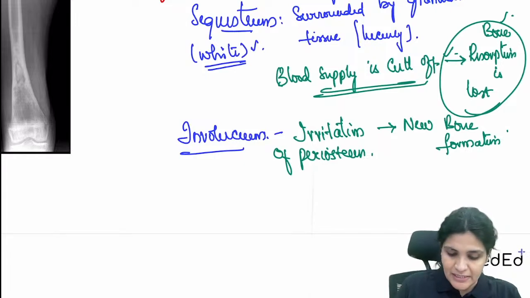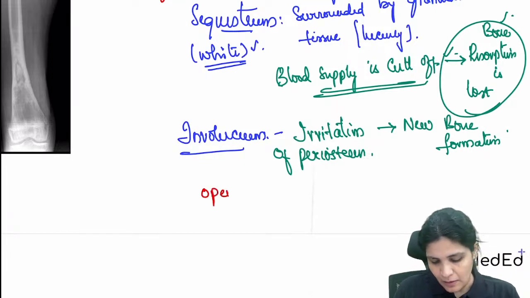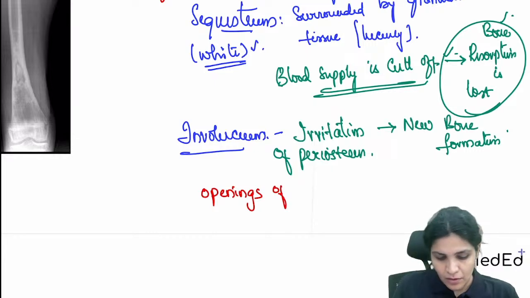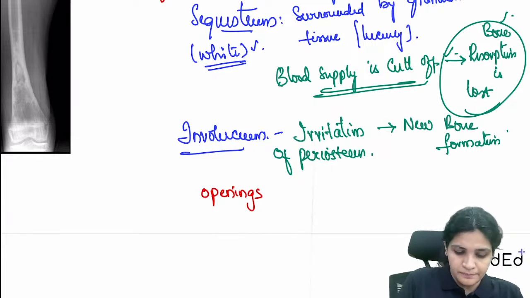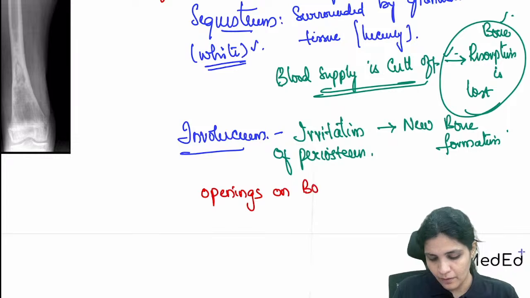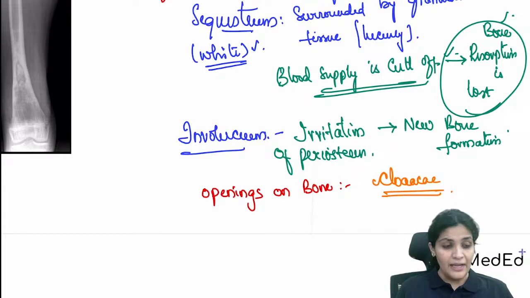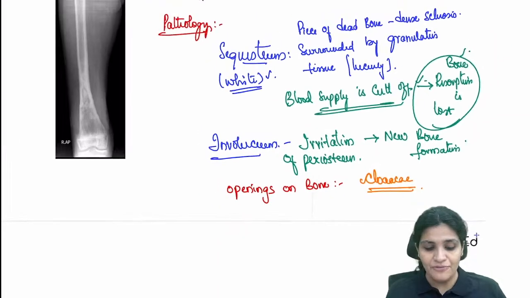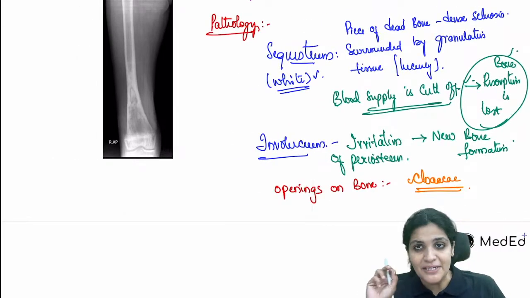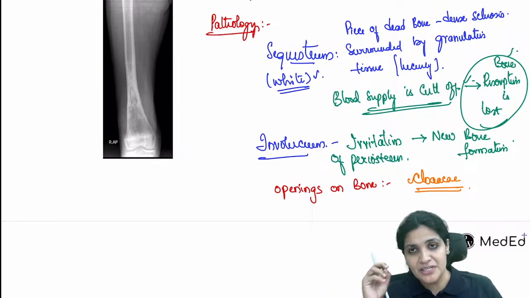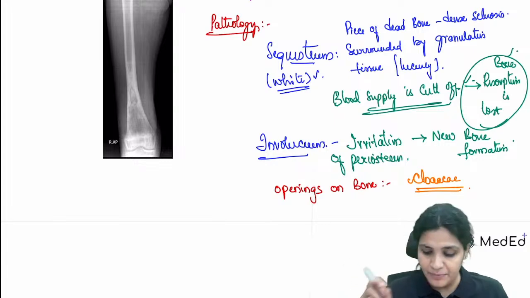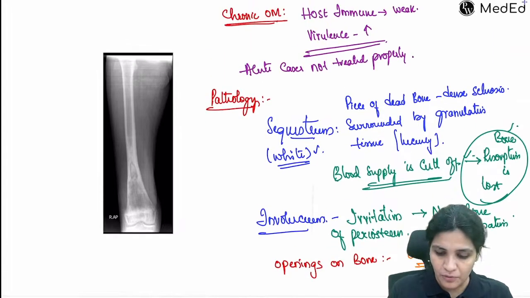Because of this, there are certain openings in the bone. These are called cloacae, right? You have to put all these words whenever you're dealing with chronic osteomyelitis. First is sequestrum, then you write about the involucrum, then you write about the cloacae. So openings in the bone are called cloacae.